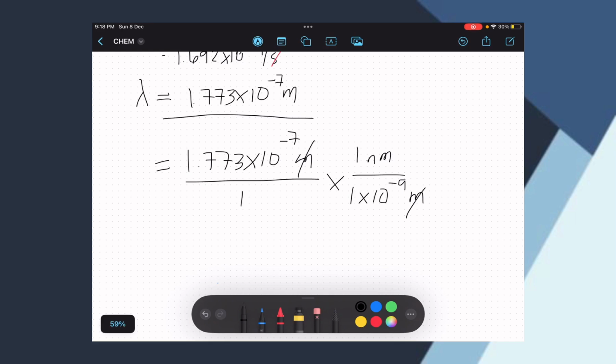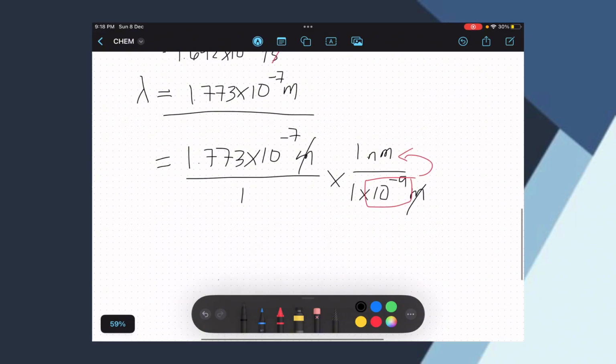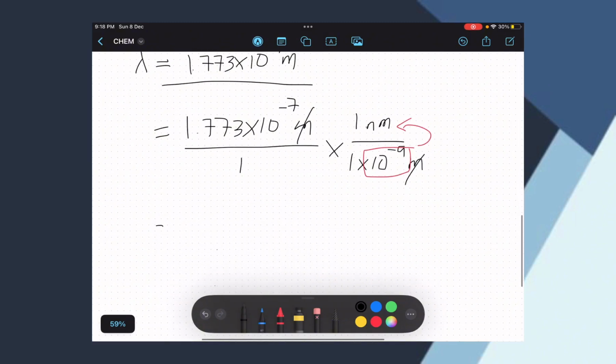So we can take this value to the numerator so that the negative 9 becomes positive 9. So we can then multiply this, written as times 10 to the power of 9.